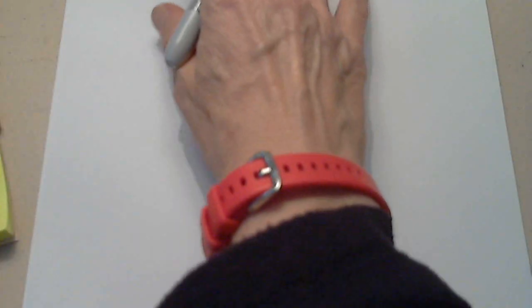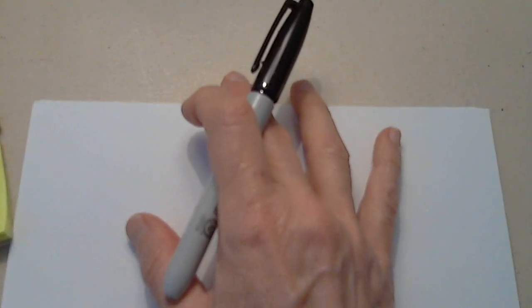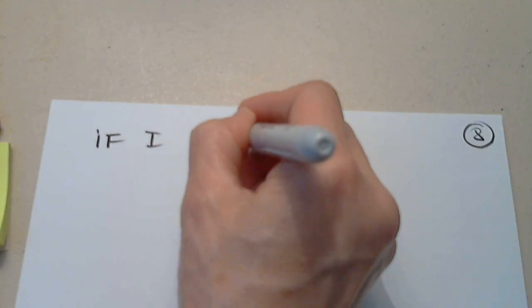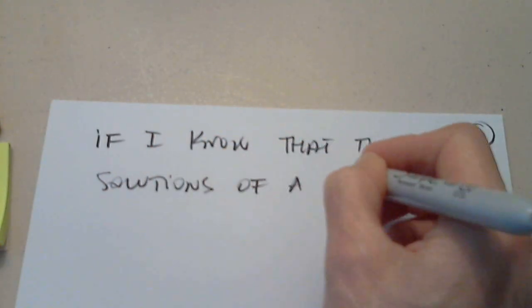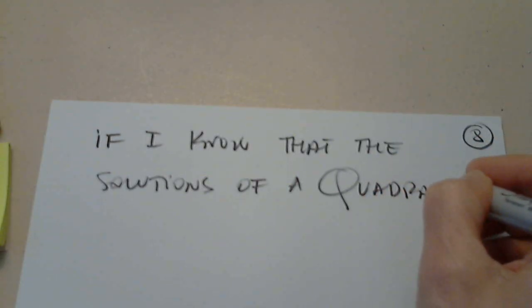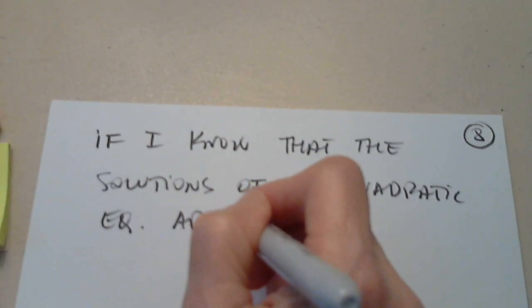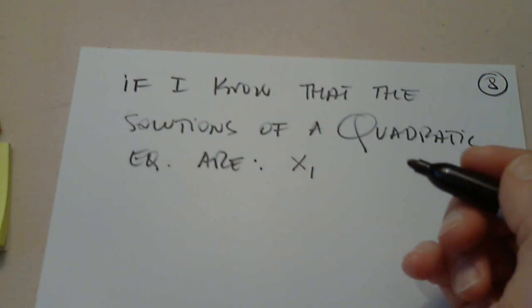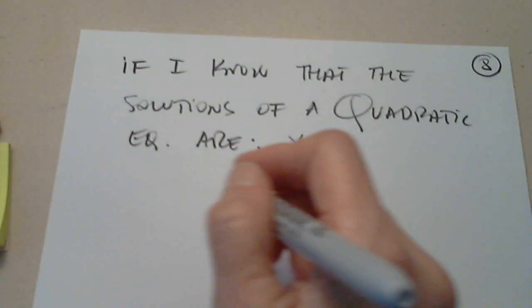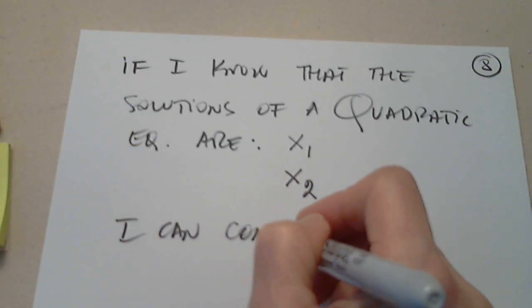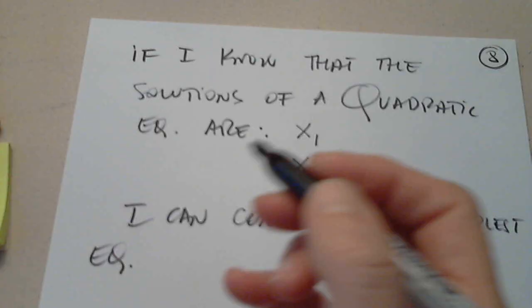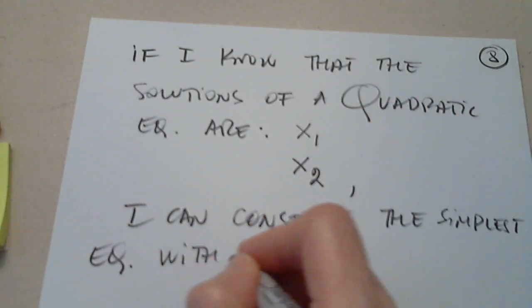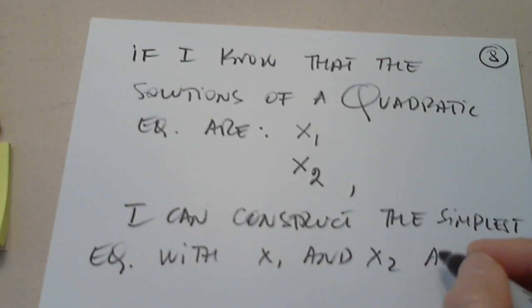This is a formula that I would like to explain. If I know that the solutions of a quadratic, degree 2, quadratic equation are, let's say, the first solution x sub 1 and the second solution x sub 2, I can construct the simplest equation, quadratic equation of course, having these solutions with x sub 1 and x sub 2 as solutions.